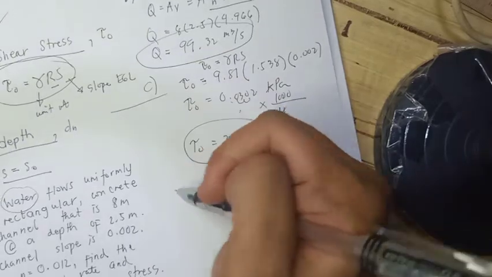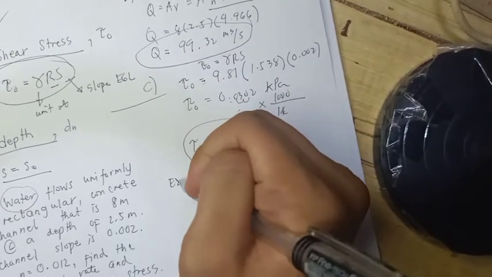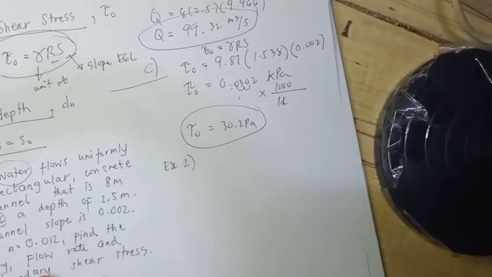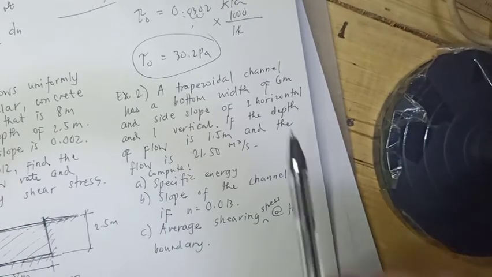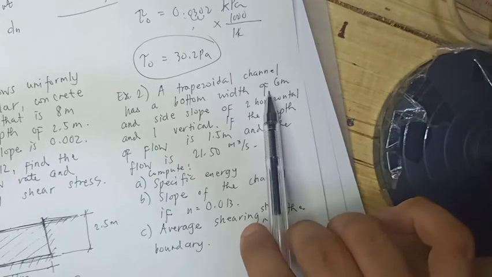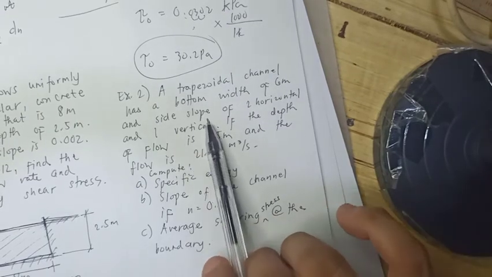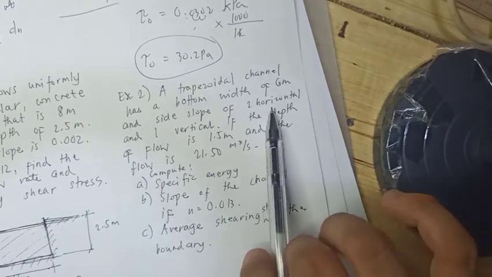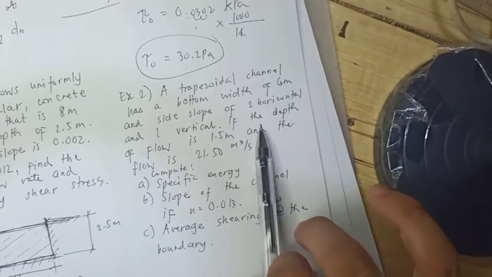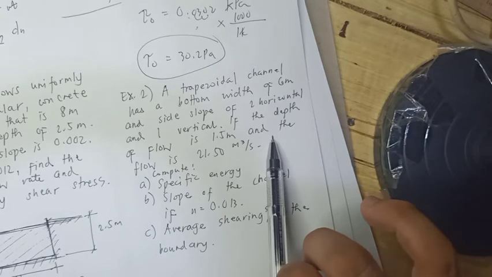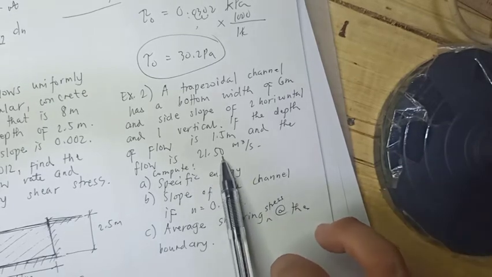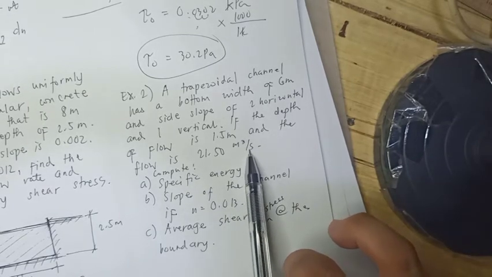So, second problem or example. So, the second example would be a trapezoidal channel has a bottom width of 6 meters and has side slope of 2 horizontal and 1 vertical. If the depth of flow is 1.5 meters and the flow is 21.50 cubic meters per second.